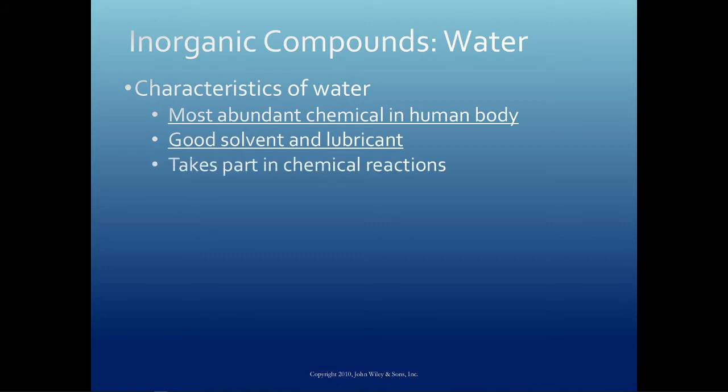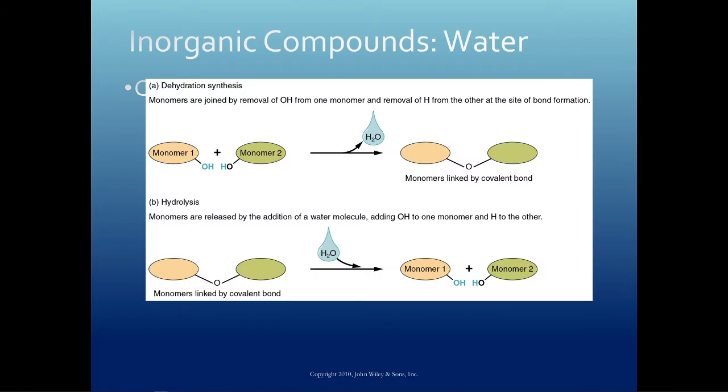And it takes part in chemical reactions. So when we look at chemical reactions, there's a couple different types. We can talk about a dehydration synthesis and a hydrolysis reaction. So hydrolysis means we're taking water in.